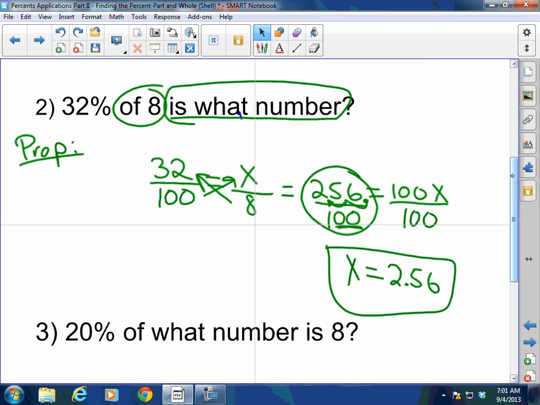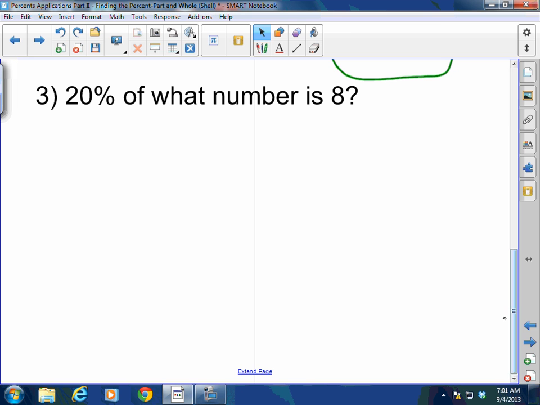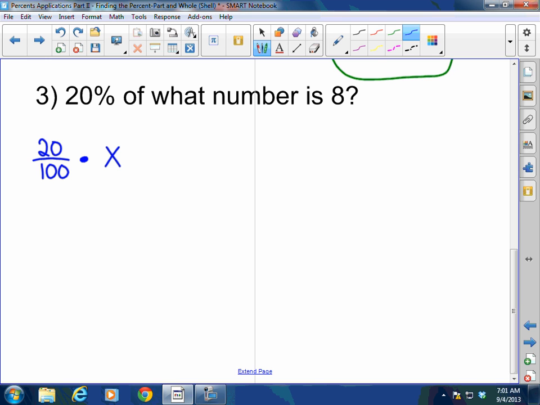All right. Last one. 20% of what number is 8? Equation method. 20%, 20 over 100, of times what number? X equals 8. Don't stress out. Remember, this x has a 1 in the denominator. Multiply 20 over 100 times x over 1.